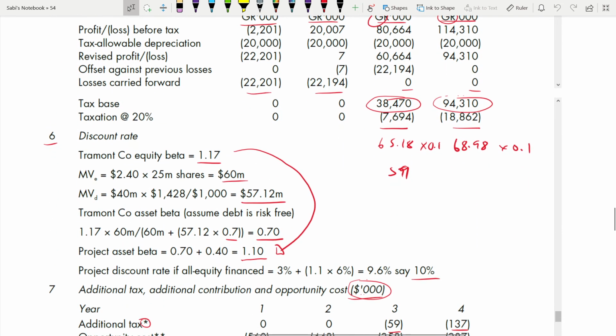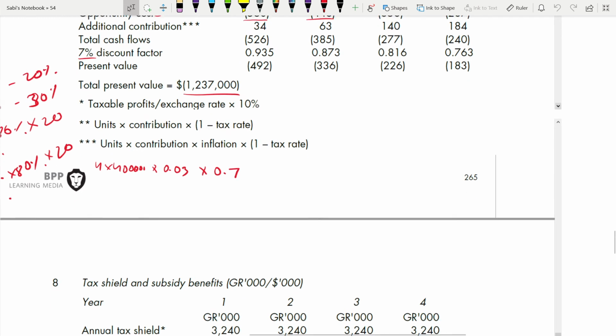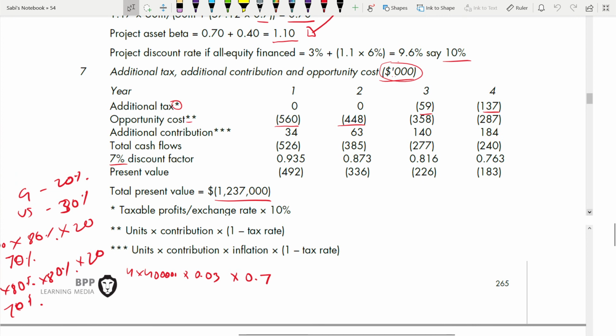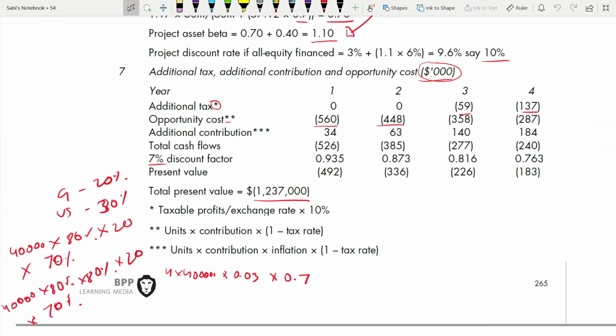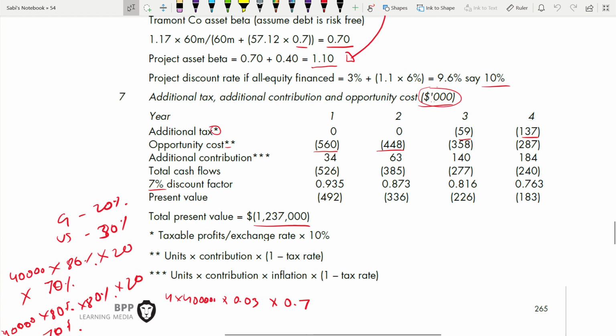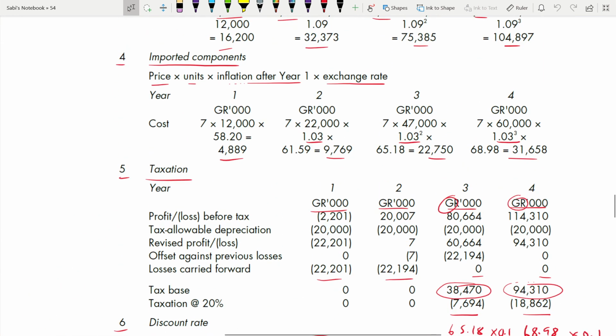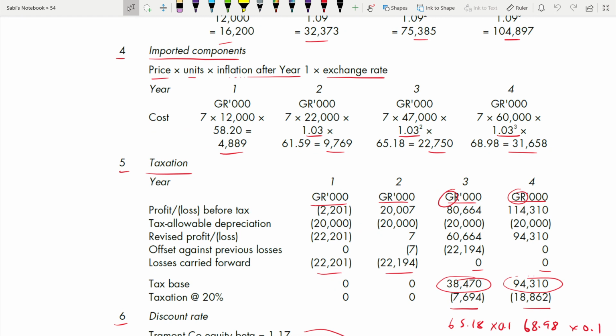Because that extra contribution, that 4. Okay. So we'll try.